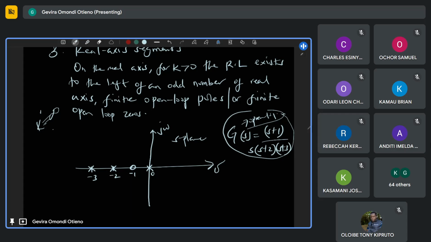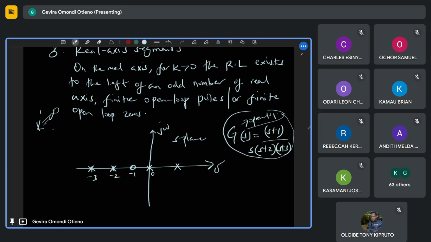So if you want to apply this rule, you must go to the rightmost pole or zero. In our case, the rightmost pole or zero is at the origin. Even if it was here, we would begin from here because we are considering everything to the left.